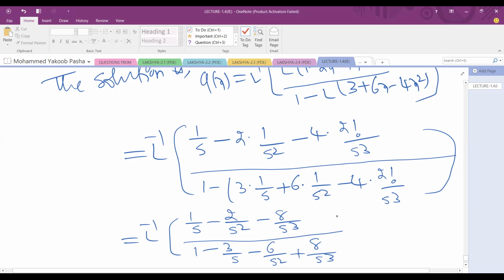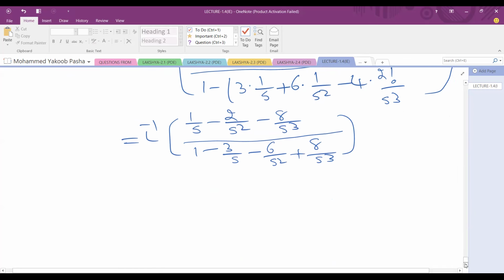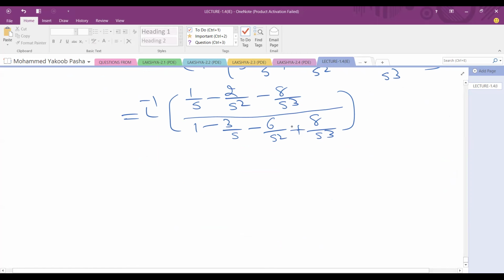Okay. Now take the LCM in the numerator. In the numerator, s cube is the LCM, in the denominator also s cube is the LCM. Is it? So in the numerator, s cube will be cancelled out, so we get s square minus 2s minus 8 by s cube.